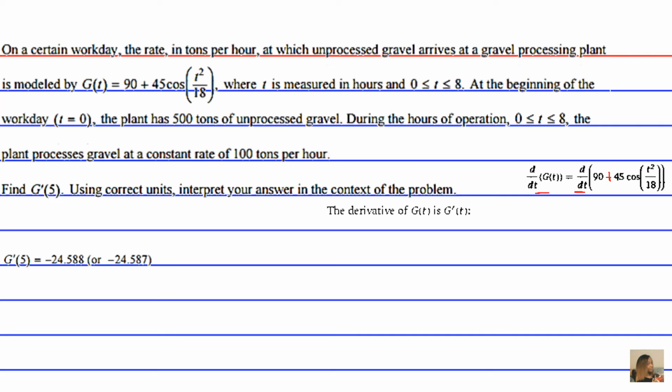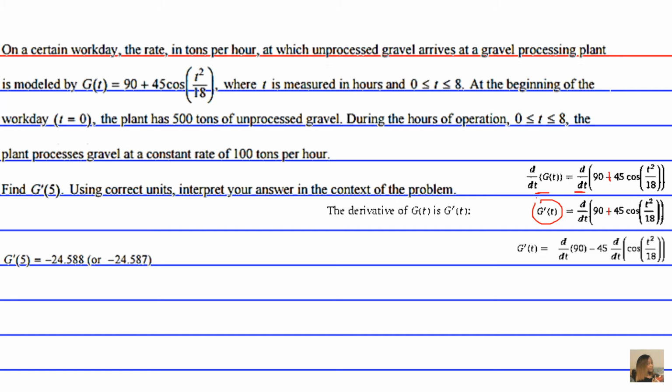So what we're doing here is following implicit differentiation, and the expression on the left-hand side, d dt of g of t, can be rewritten as g prime of t, okay? And again, this is a positive, not a subtraction sign.